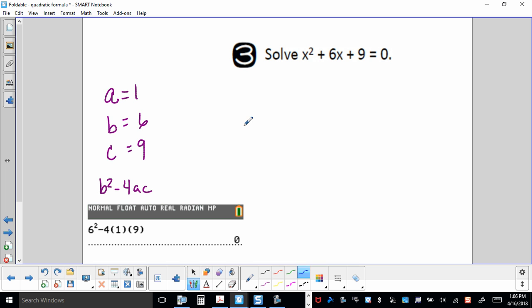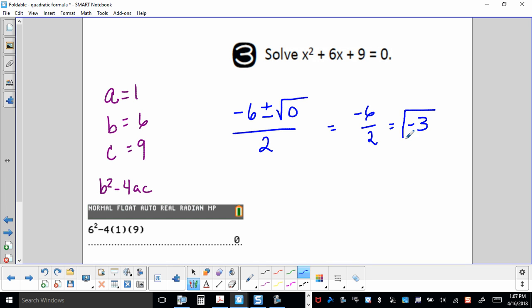So let's plug it into the formula. Minus b, so minus 6, plus or minus the square root of the discriminant, which is 0, all over 2a. So we have negative 6 plus, the square root of 0 is just 0, so we have negative 6 plus 0 and negative 6 minus 0, which is just negative 6, so over 2, so our answer is just negative 3.